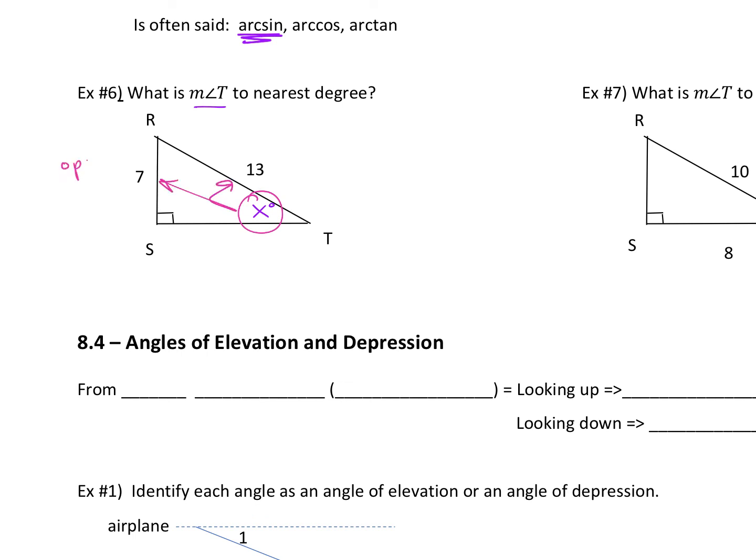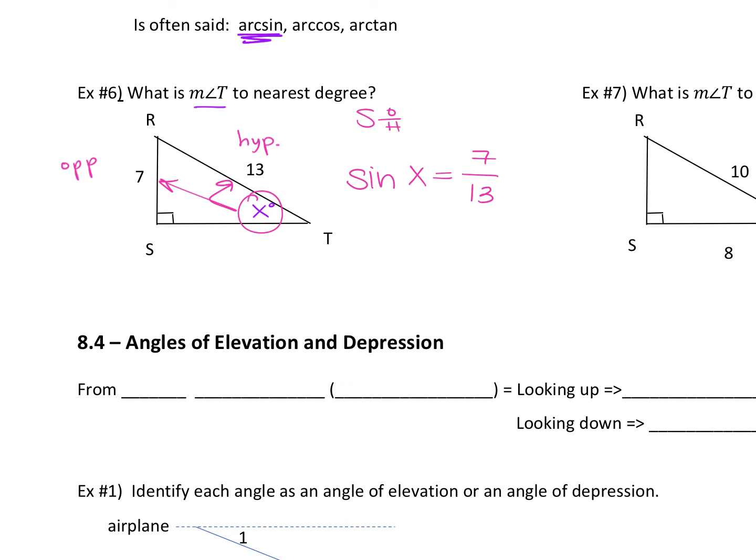You have the opposite side here, the hypotenuse here. So what trig function are you using? That's sine, opposite over hypotenuse, right? It's the SO part of SOHCAHTOA. So we're going to say the sine of X equals 7 over 13.